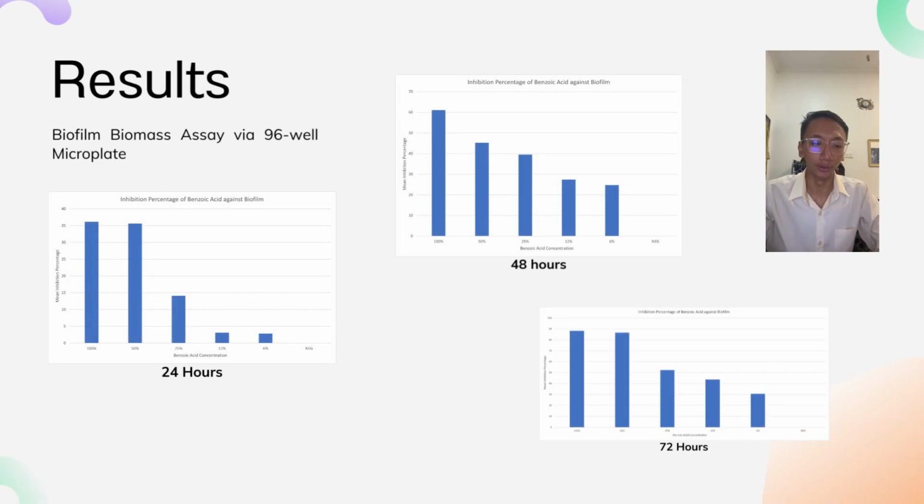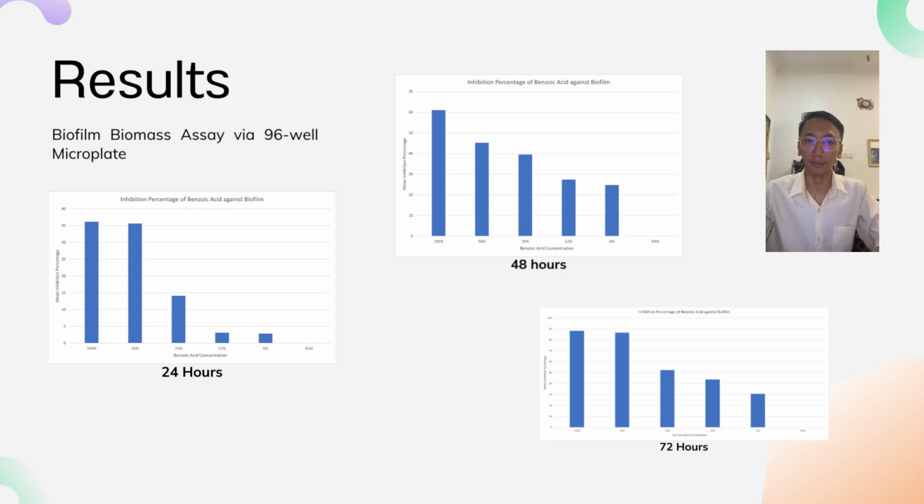The images show the biofilm biomass assay by using 96-well microplate, where the concentrations of benzoic acid, which are 100%, 50%, 25%, 12.5%, 6.25%, and negative controls are from left to right on the x-axis, and the percentage of biofilm inhibition is on the y-axis.